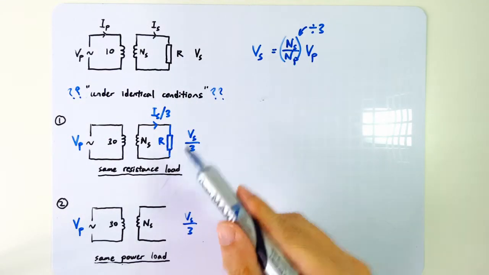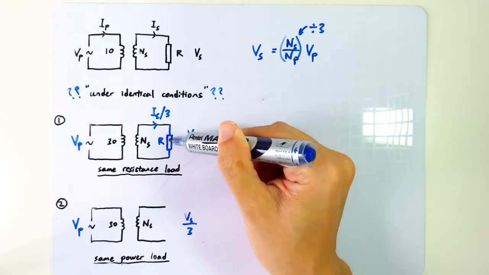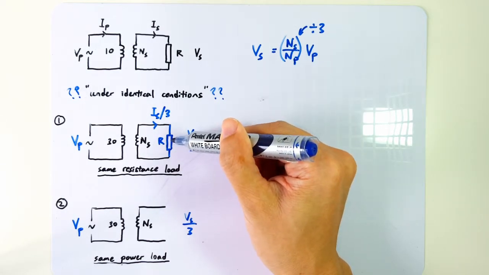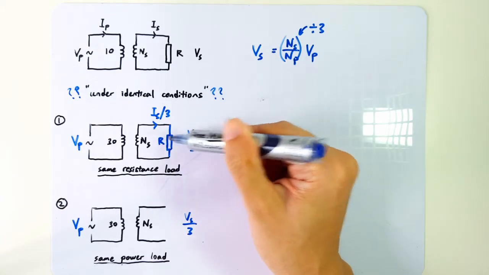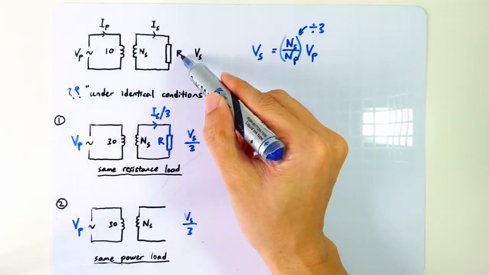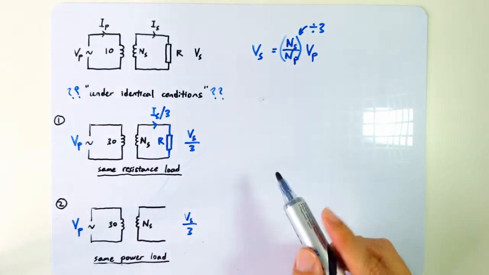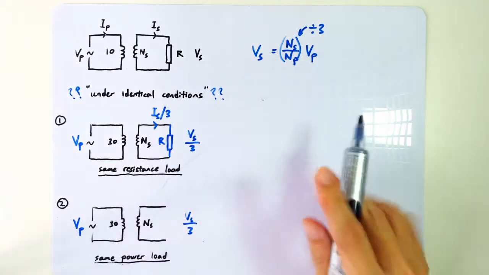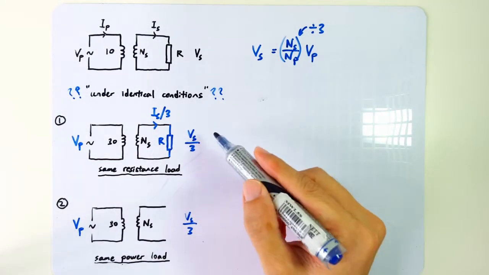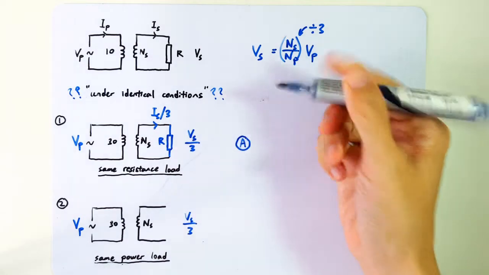It is quite clear because the secondary voltage is now Vs over 3, but it's still the same load, same resistance. So the current through this resistor is going to be Vs over 3 divided by R. Compared to the original, which was Vs divided by R, the secondary current is now divided down by 3 as well. If you go with this interpretation, then you are going to choose option A as your answer.